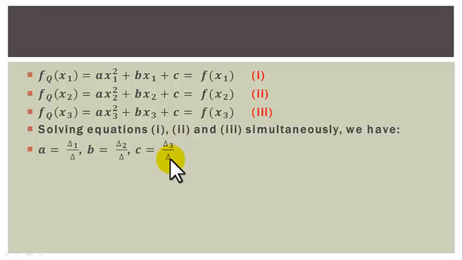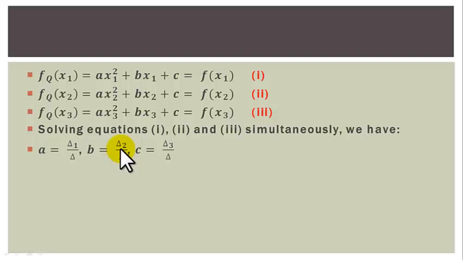Please note what we are applying here is Cramer's rule, where delta here is the determinant of the matrix of the coefficient of a, b, and c, and delta 1 is the matrix of the coefficient in which the first column is replaced by the right hand side here.